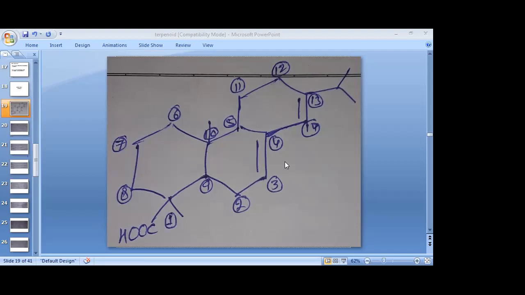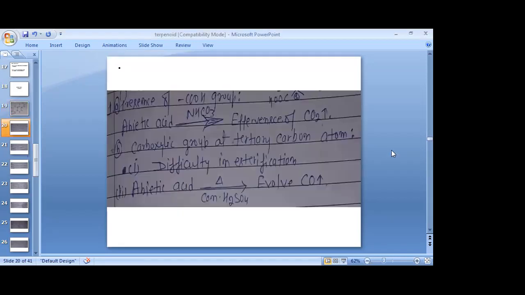Now you can see one by one. First of all, a very important group, that is the carboxylic acid. Whether the COOH group is present in abietic acid or not is confirmed by a few reactions. Mostly we use sodium bicarbonate, NaHCO3.